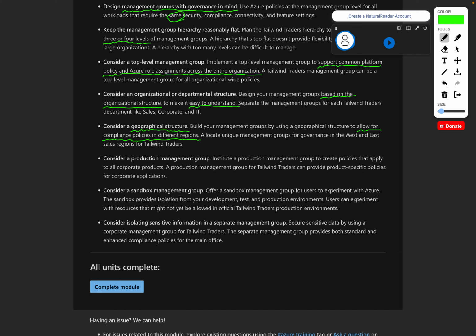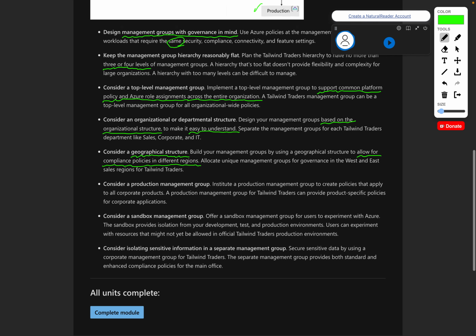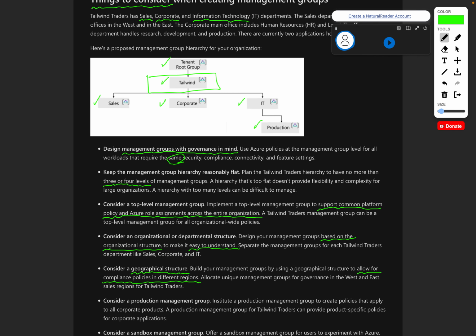For instance, for governance in the West and East sales regions for Tailwind Traders, and that's exactly why we've read earlier that the sales department has two offices, one in West, one in East. So probably there will be two subscriptions here that can then be managed in terms of policies and compliance through one management group, so everything is consolidated in one place.